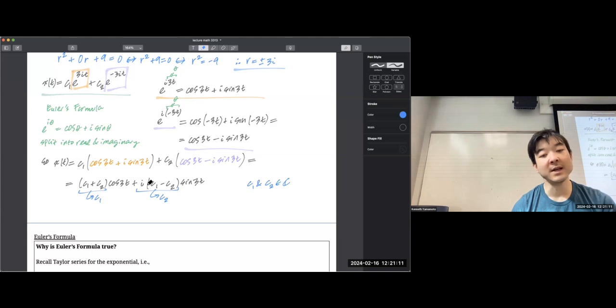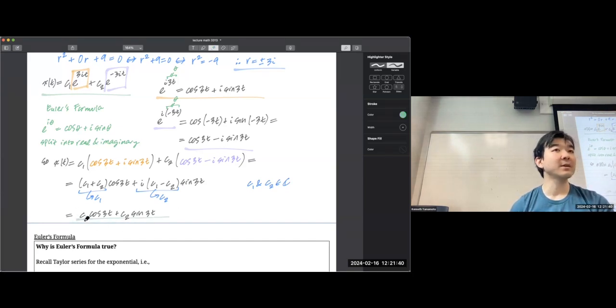If we say that, then this whole thing with i multiplied to it is just a new constant, C2. Then we're left with C1 times cosine of 3t plus C2 sine of 3t, which doesn't look like it has anything complex. Nothing is imaginary now. It's all real now.